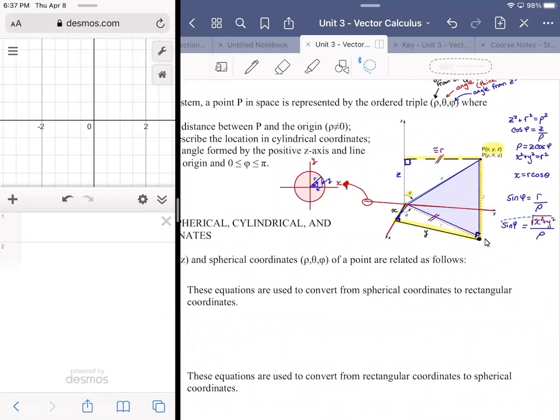So R is equal to rho sine of phi. And rho sine of phi is equal to the square root of x squared plus y squared. All right. Thank you for that.